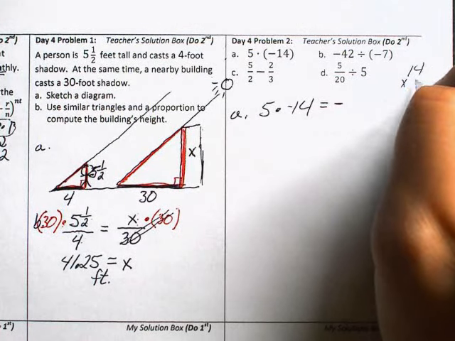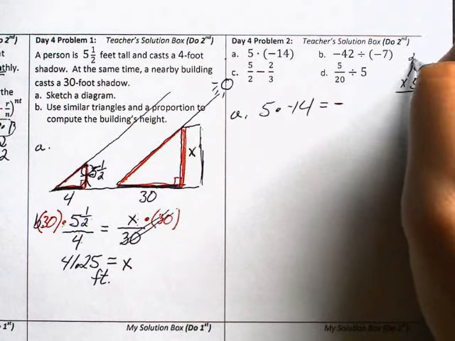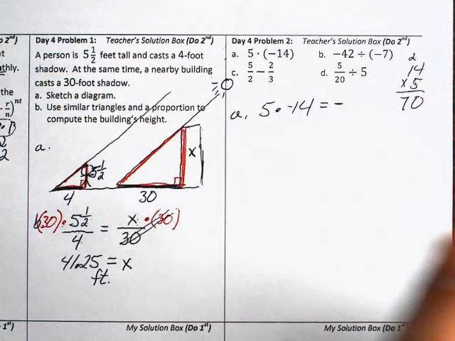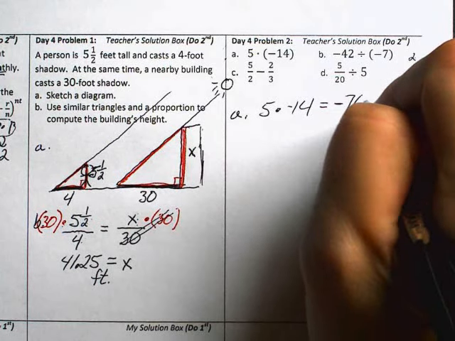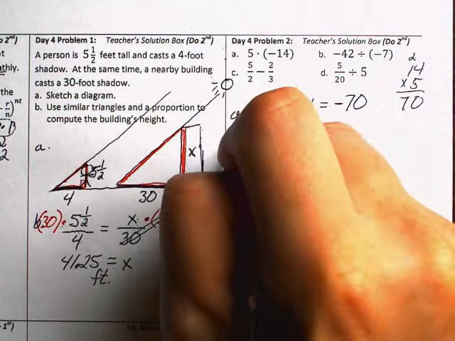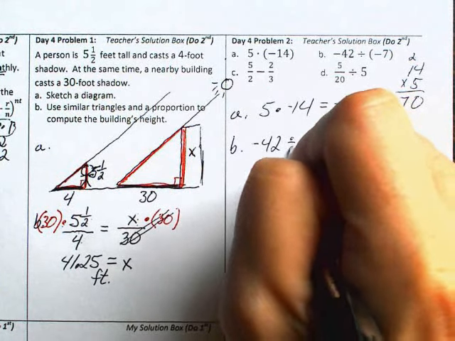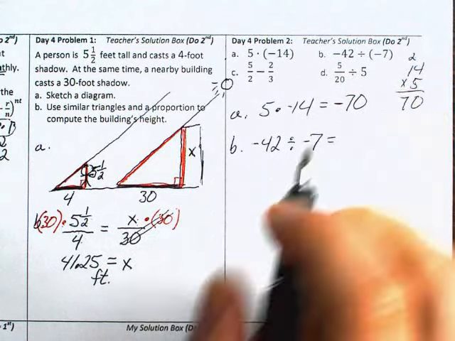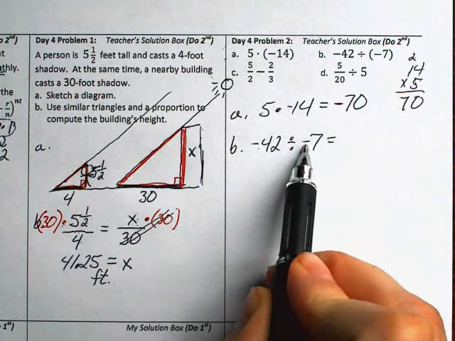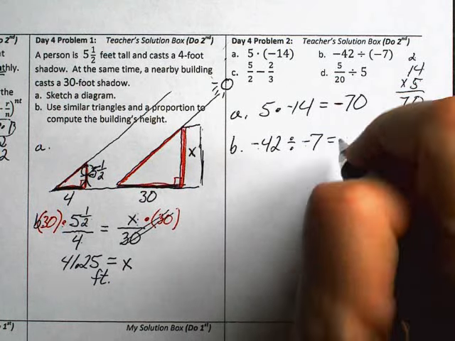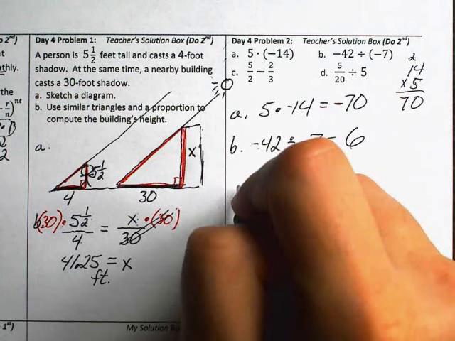So 14 times 5, 4 times 5 is 20, carry 2. 1 times 5 is 5, plus 2 is 7, 70. So our answer is negative 70. Question B, negative 42 divided by negative 7. Negative divided by negative makes positive, and 42 divided by 7 is 6.